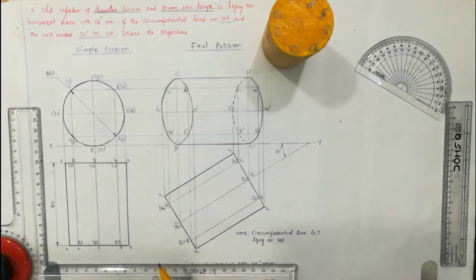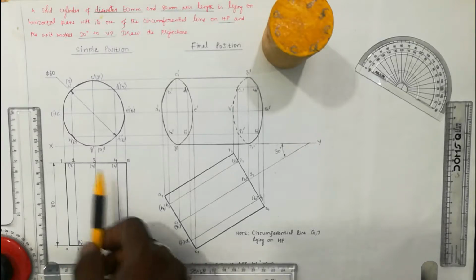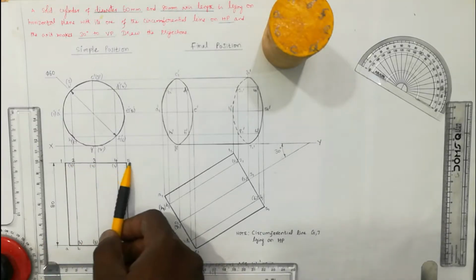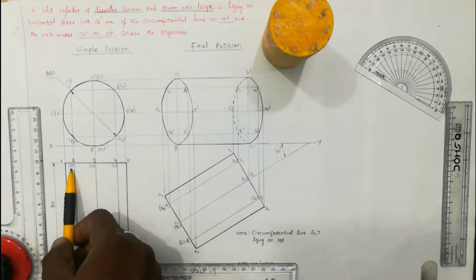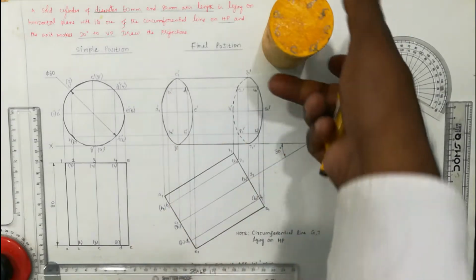The front part of the cylinder is marked in terms of letters A, B, C, D, E. F is written in brackets because it coincides with the point D. The point coinciding with C will be G, and the point coinciding with B will be H. Similarly, the end surface is marked as numbers. The hidden points are marked by putting them inside brackets.